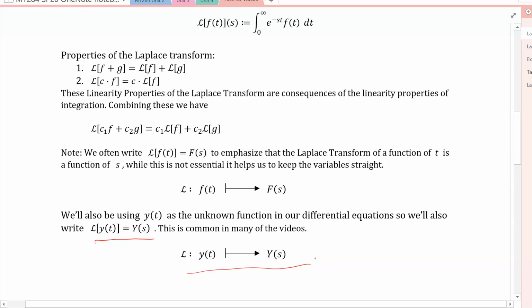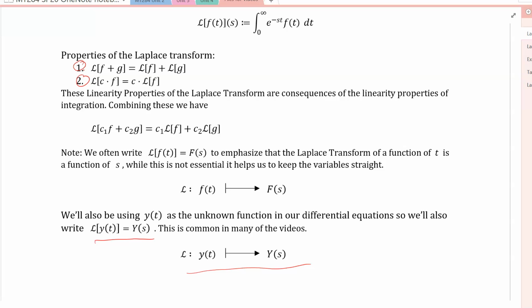But we have these important linearity properties illustrated here in number 1 and 2 up above, in that the Laplace transform can be done term by term, and constant factors come along for the ride. So C we're thinking about as a constant factor, F being the function of t.